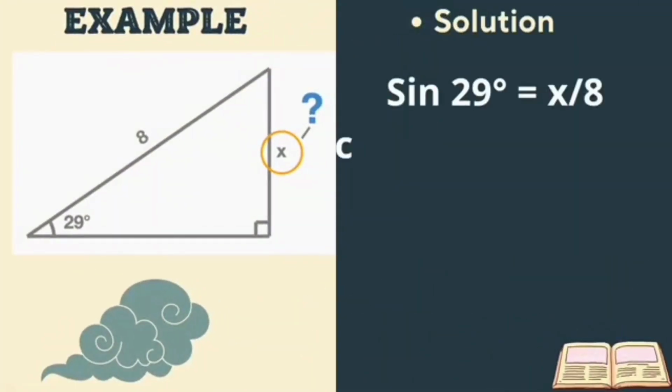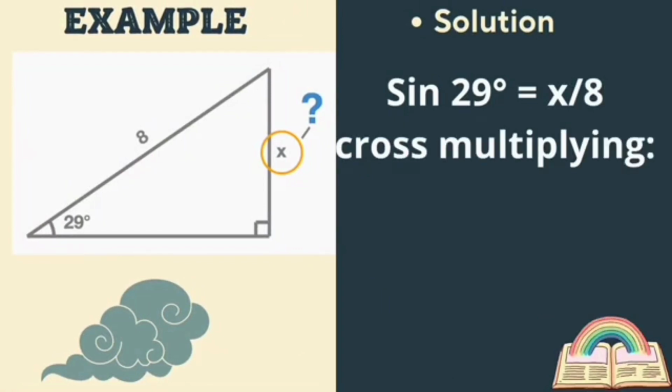The sine of 29 degrees is the opposite side x divided by the hypotenuse 8. To make x the subject of the equation, we are going to cross multiply. That means multiplying sine 29 degrees by 8. This will give us x is equal to 3.88.